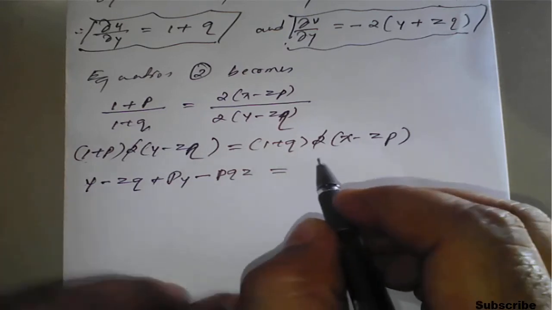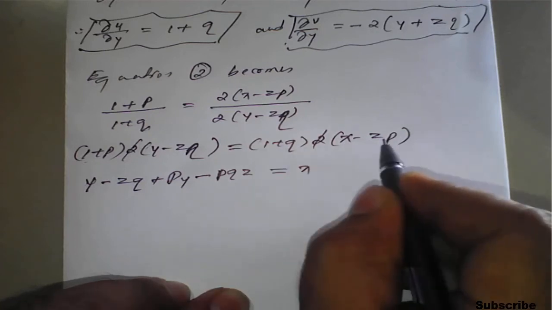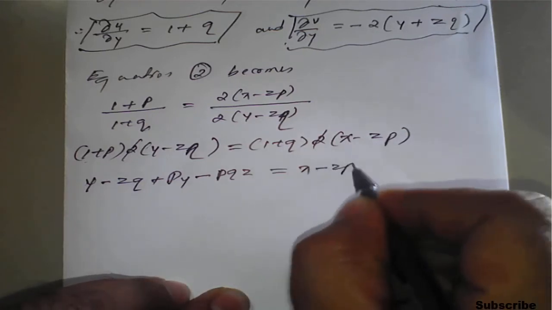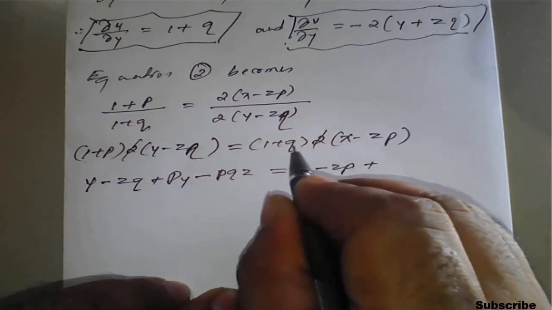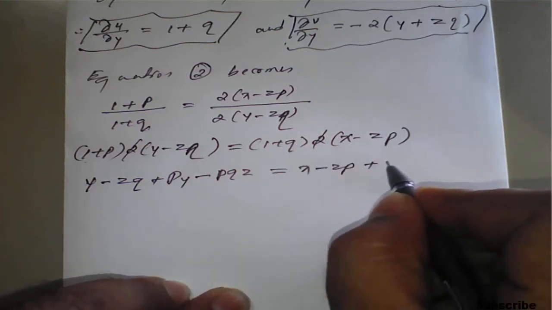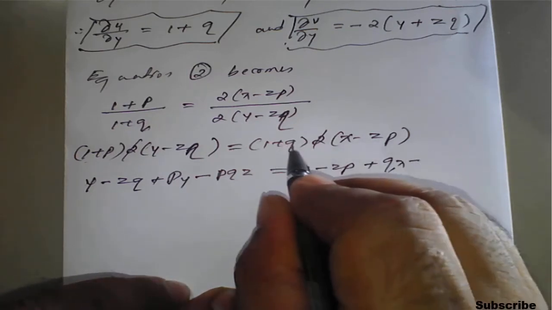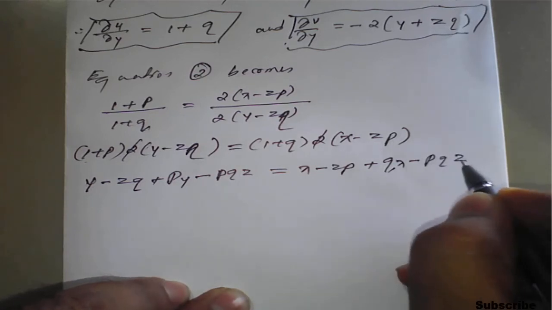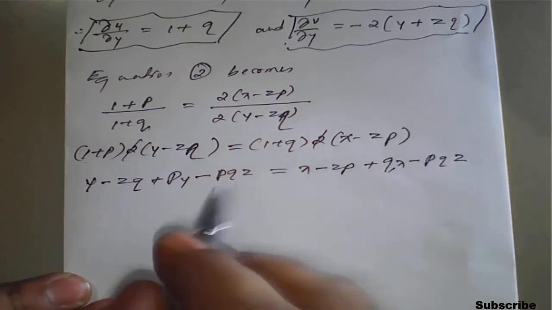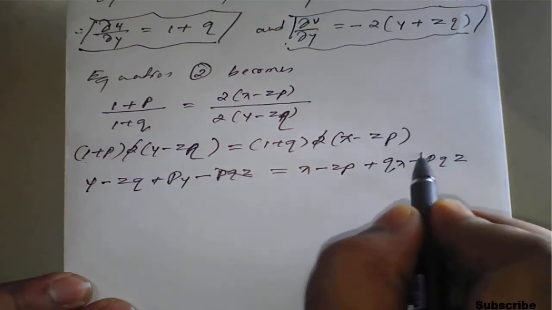Right hand side simplification: 1 into x is x, 1 into minus zp is minus zp, plus into plus is plus, q into x is qx, plus into minus is minus, q into zp is pqz. Now these two terms are going to be cancelled.